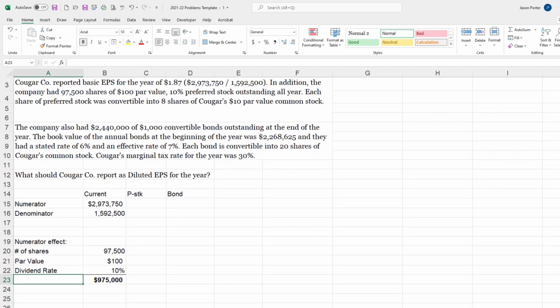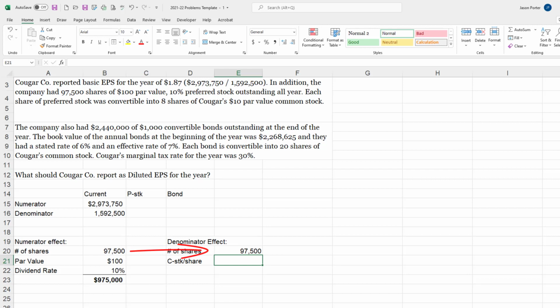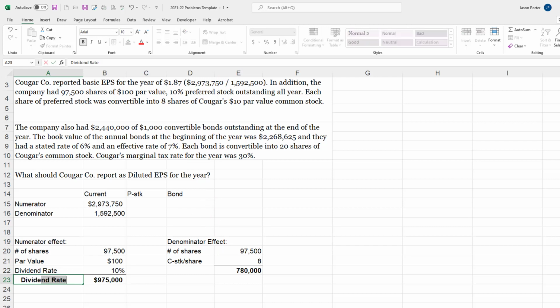Now let's figure out the denominator effect. And the way we do that is we take the number of shares and the common stock per share. So in this case, again, we've got the 97,500 shares. Each of those converts into 8 shares. This is my dividend saved.